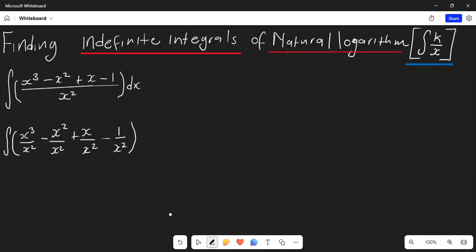Then we put them in a bracket, like that, dx. Remember, when you simplify this, the integral sign and dx don't fall out, guys. Now we're still simplifying.